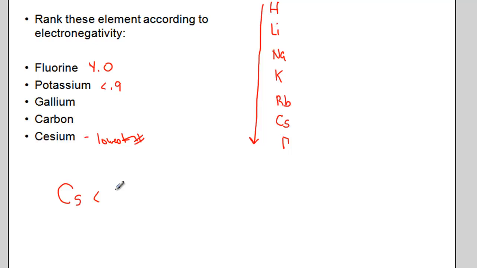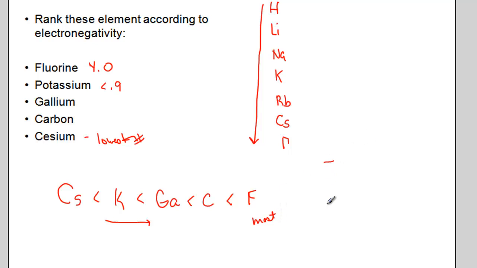It would have a smaller electronegativity than potassium, who would then have a smaller electronegativity than gallium, because we're moving across now on the periodic table. As we move across, they start to get a little bit smaller. Between carbon and then the strongest of strong, fluorine. So this is the most electronegative.